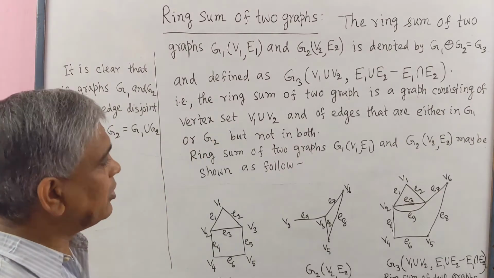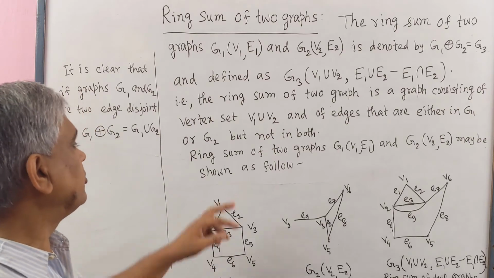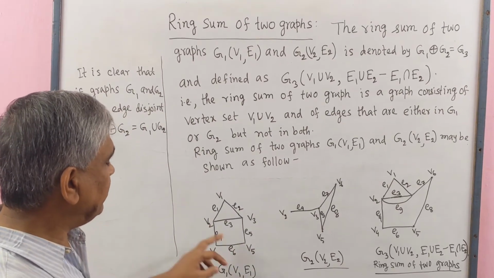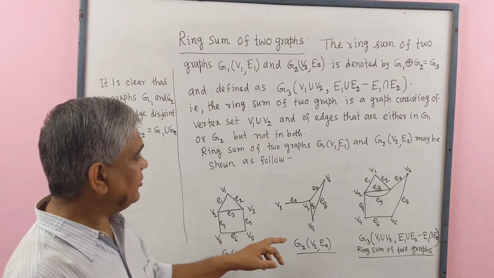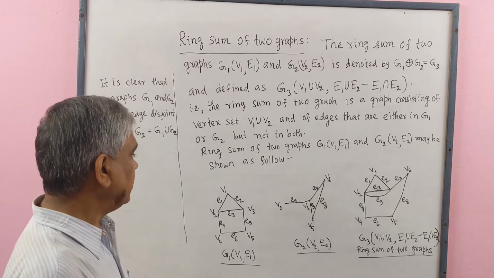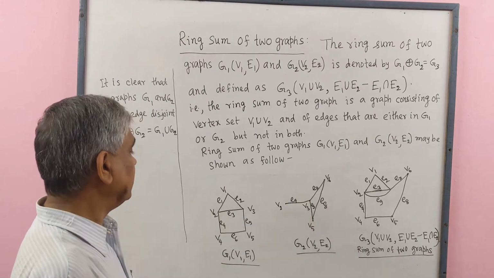Ring sum of two graphs G1 (V1, E1) and G2 (V2, E2) may be shown as follows here. G1 is the first graph and G2 is the second graph. Here the common edge is E5.